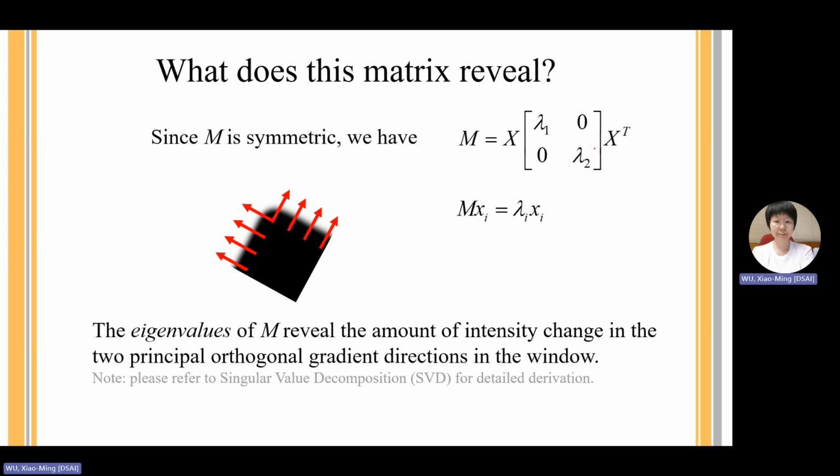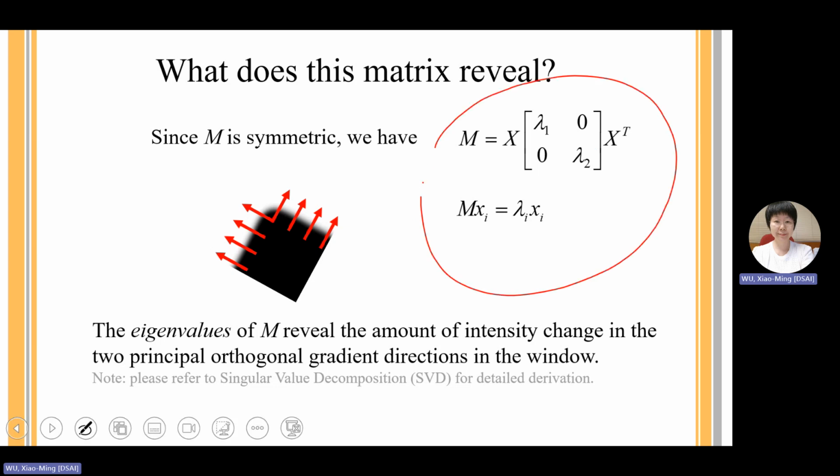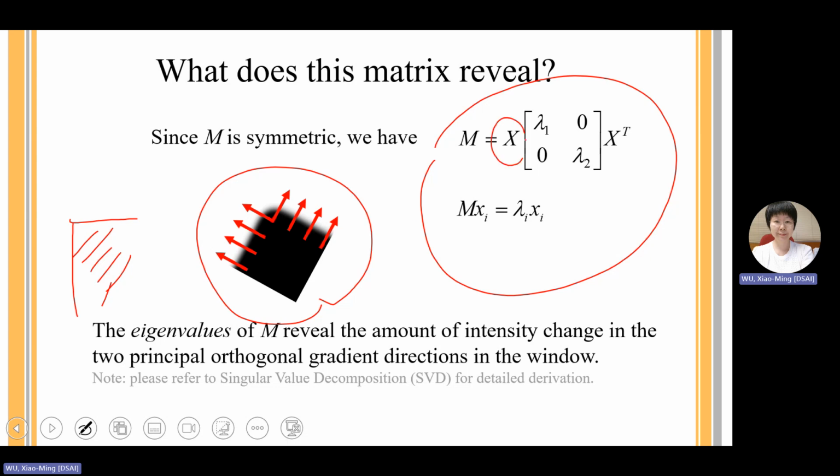We can also tell it's rotation invariant from this, because for the axis-aligned case and the non-aligned case, the difference between them is only up to a rotation matrix, while they have the same lambda 1, lambda 2.